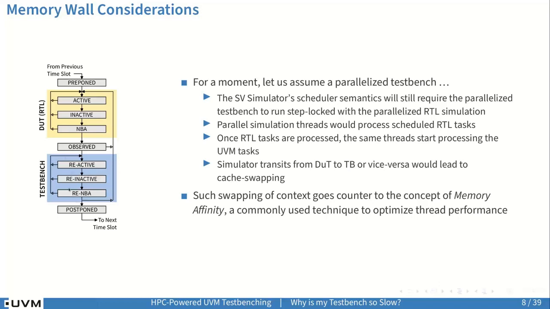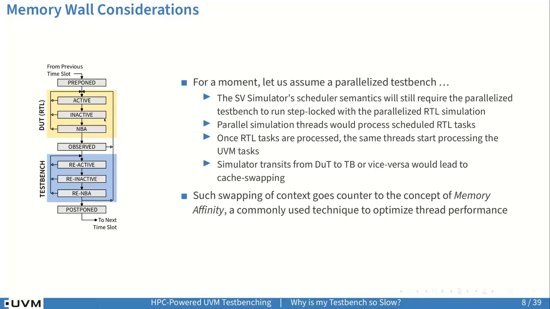As a result, even if you create constructs in SystemVerilog for parallelization of testbench, the threads which are doing RTL simulation are going to stop, and then the context switchover will be there. They'll load testbench specific memory, and then follow it up with testbench task execution. Finally, when the testbench tasks are over, the RTL simulation has to start again.